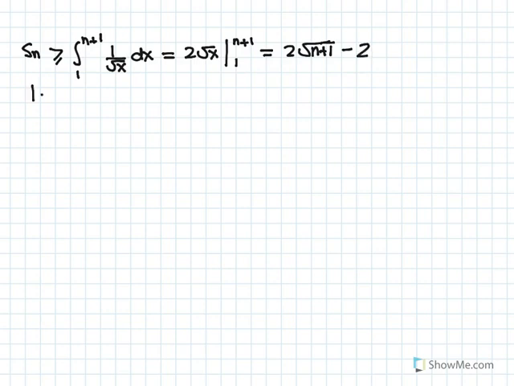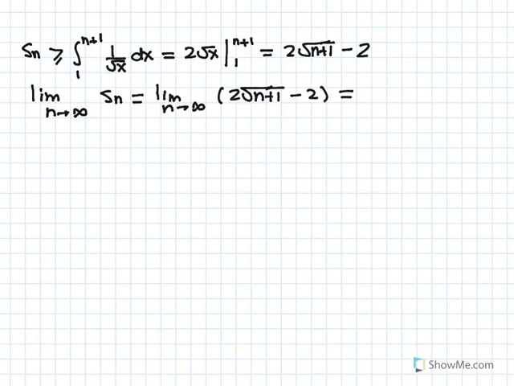Now, let's take the limit as n goes to infinity of Sn. This gives us the limit as n goes to infinity of 2 root n plus 1 minus 2. Clearly, this limit goes to infinity because 2 root n plus 1 grows to infinity as n goes to infinity.